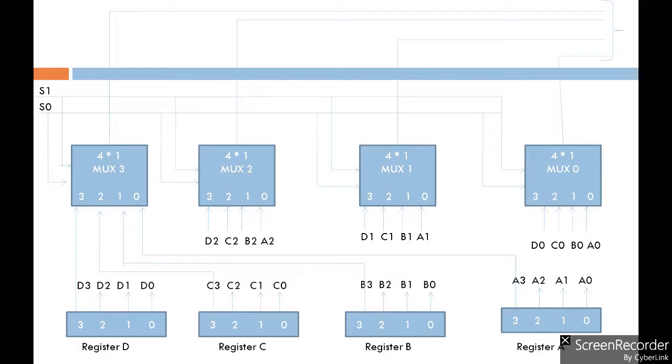After that, we have shown the output lines from each multiplexer, that is multiplexer 0's output line, multiplexer 1, multiplexer 2 and multiplexer 3. All these 4 lines combined make a 4-line common bus system.